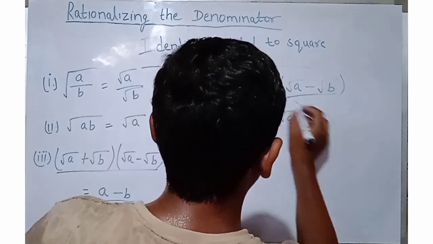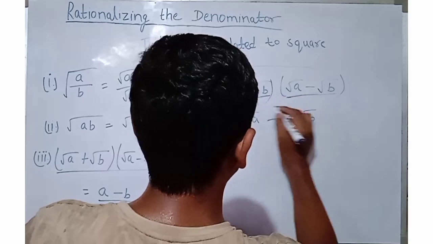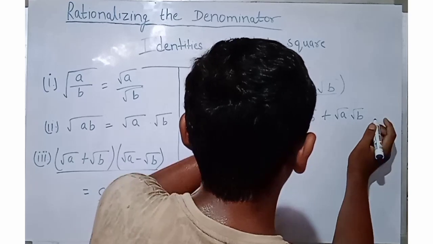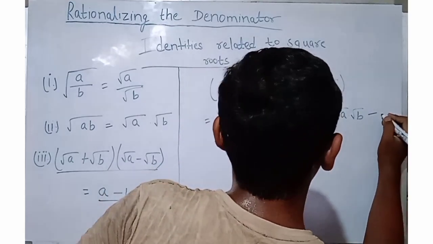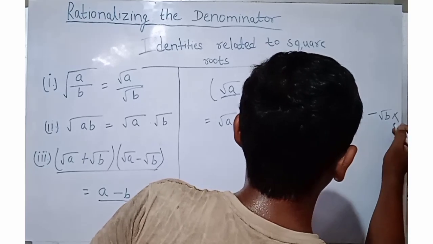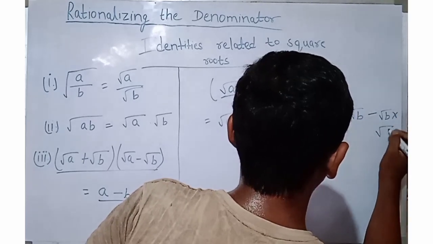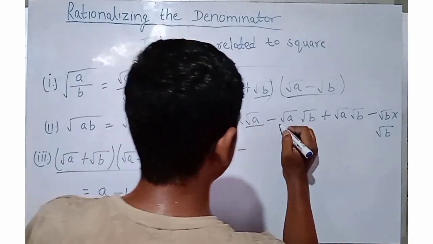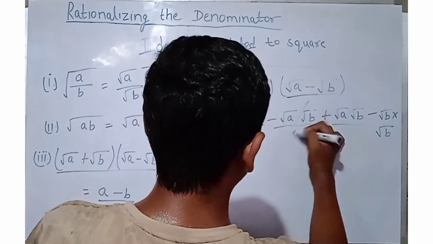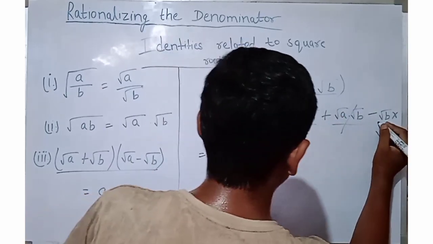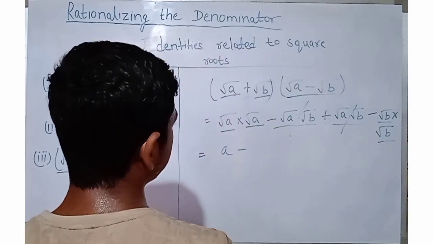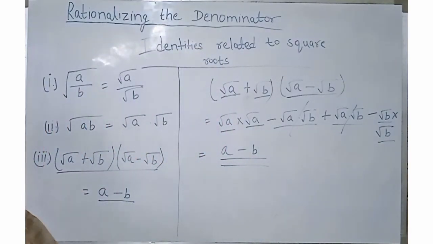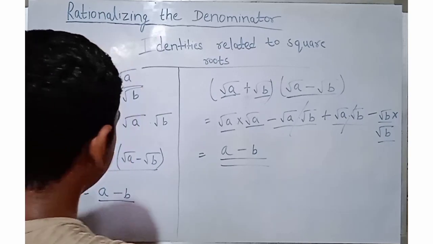Now root b times root a, so plus root ab, and then minus root b into root b. Root a into root a will be a, the minus root ab and plus root ab get cancelled, and it will be minus root b into root b, so it will be minus b. See here how it came. So these are the three.